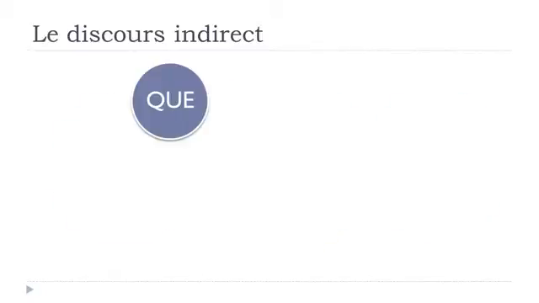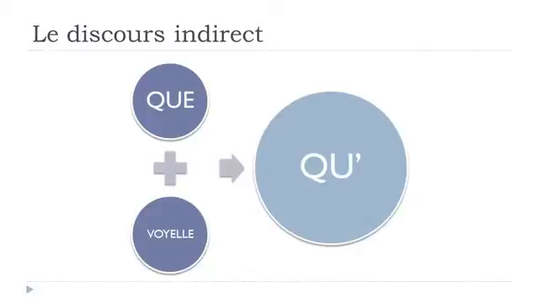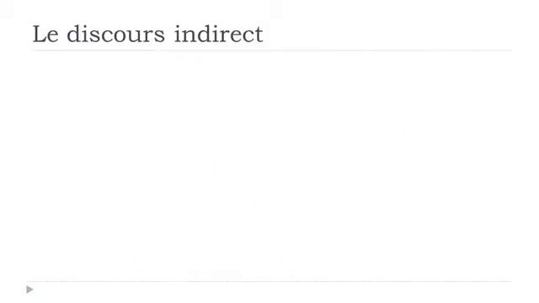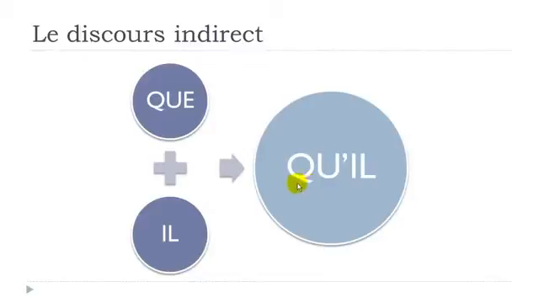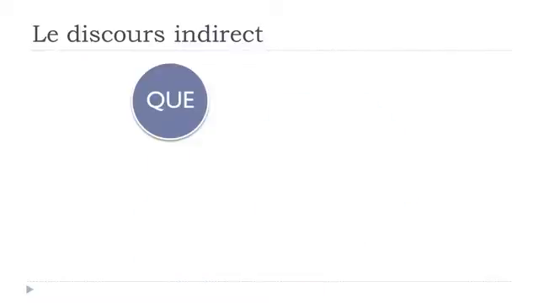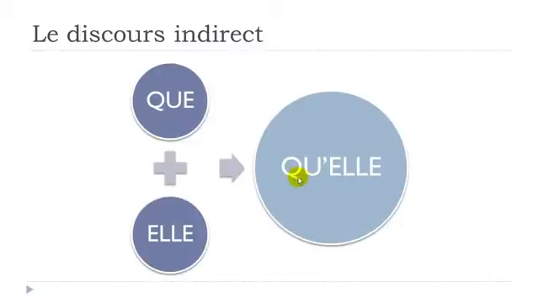Keep in mind that que, if it is combined, as we saw, with a vowel, will become qu', like that. Okay, so the e needs to go away. So the classical example that we had was que and il, and it's becoming qu'il. It could be que and elle, and it will become qu'elle. Okay, or if we're talking about first names, you know, first names that will start with a vowel, it will be exactly the same thing.